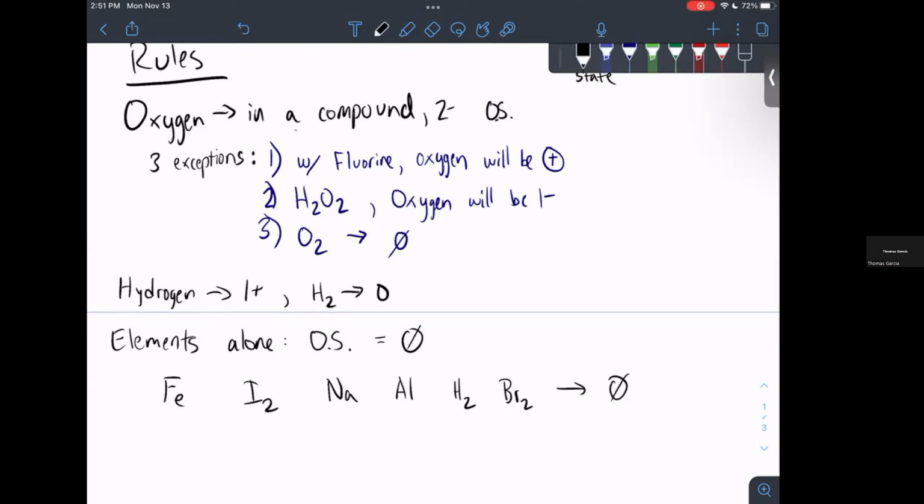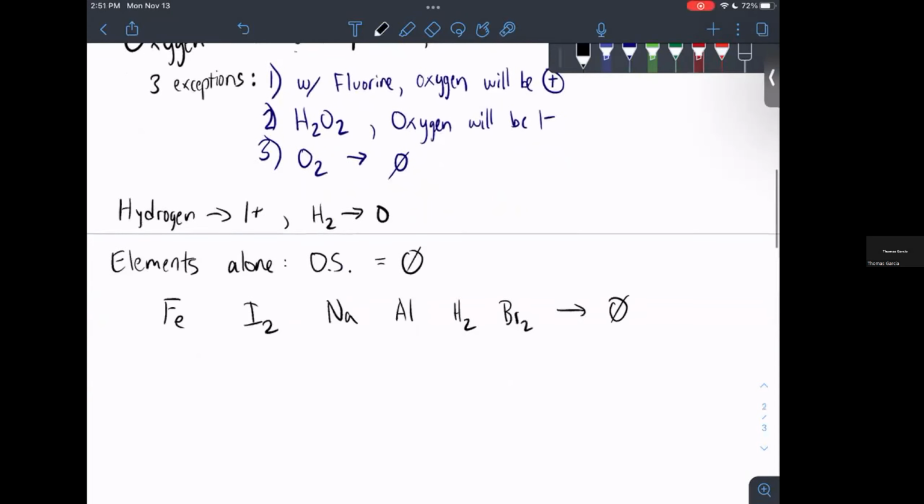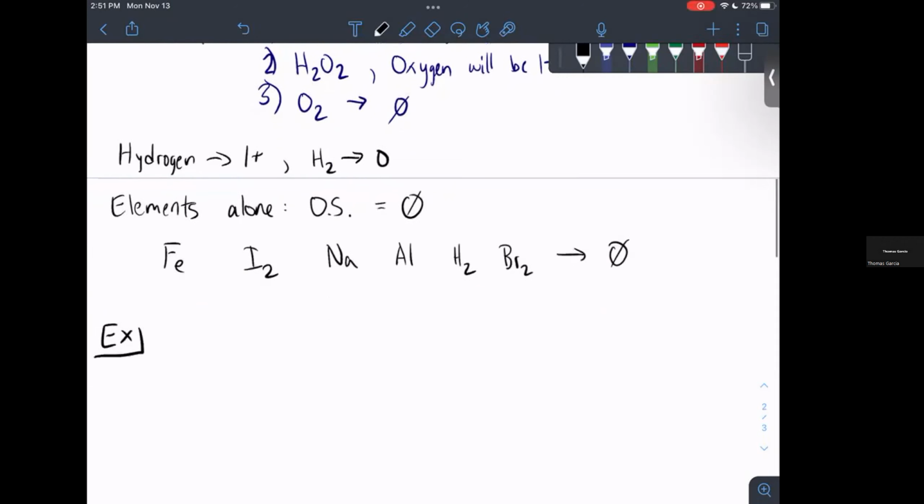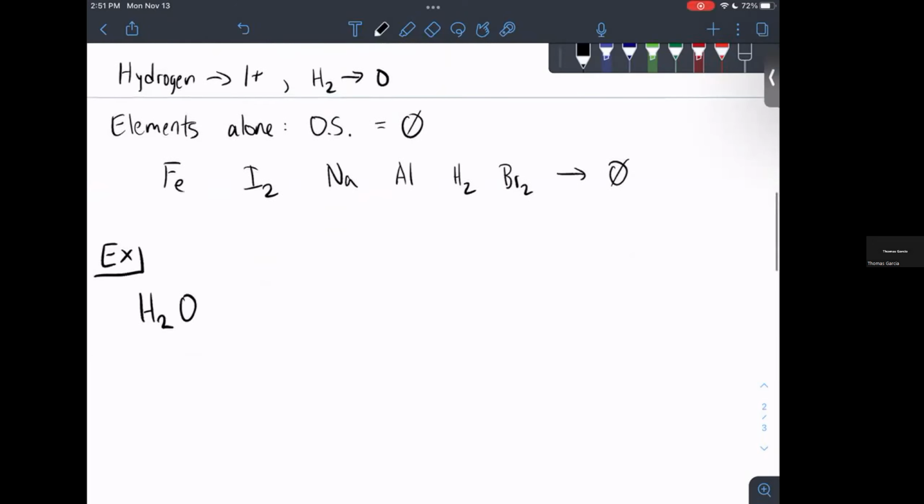So as we do that, we can start looking at compounds. So let's try some examples. Starting off with something really basic like H2O. Well, first off, I noticed that overall, it is neutral, no charge, which is really good because that means we know our charges must balance out.